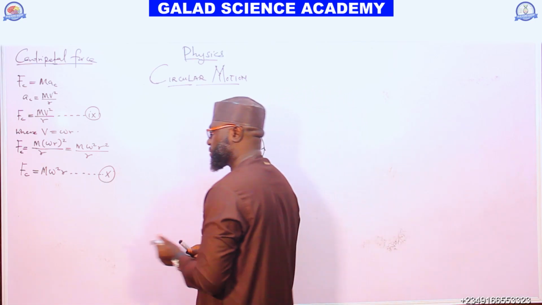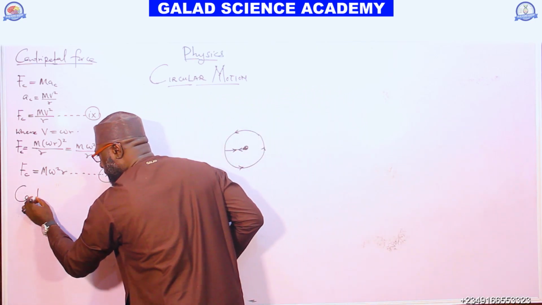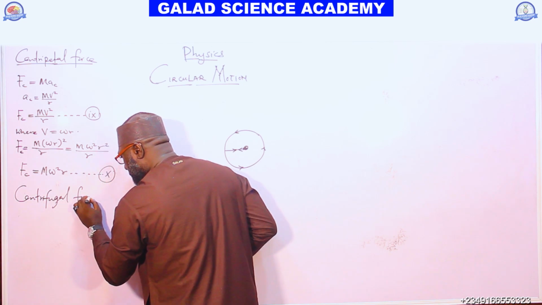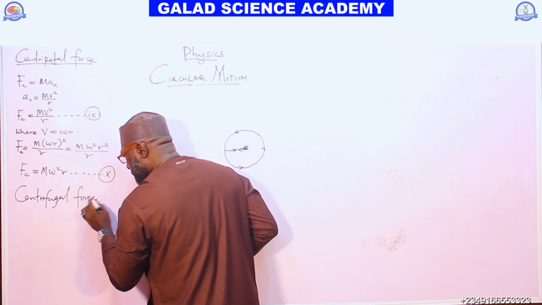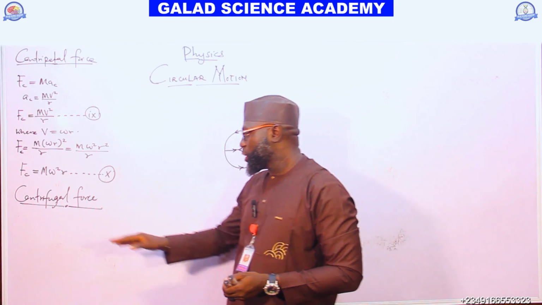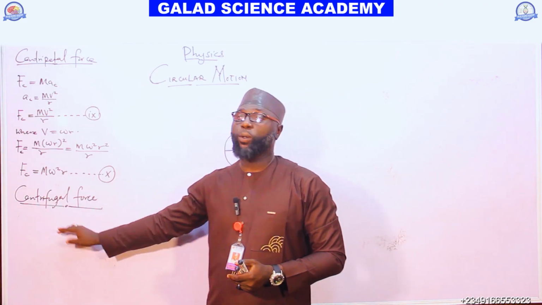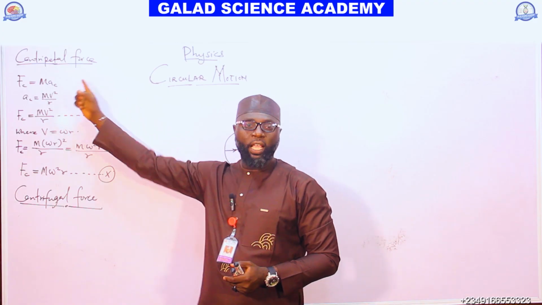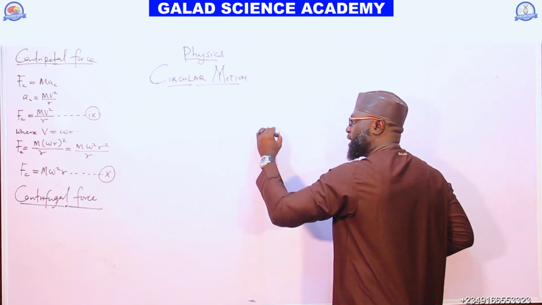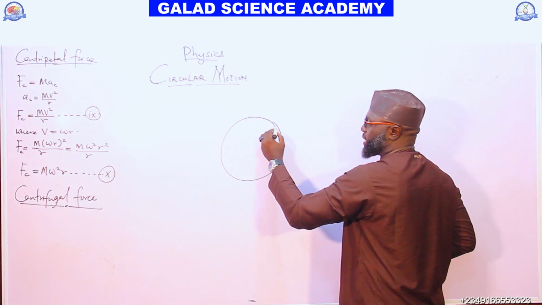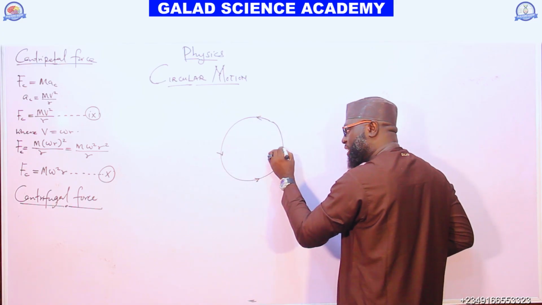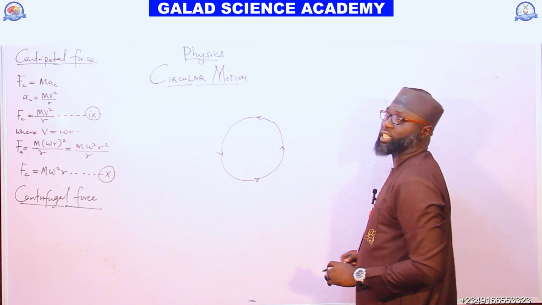The next thing we need now is centrifugal force. The word centrifugal is the opposite of centripetal force. Like I said before, if a body is moving along the circular path like this, the force that keeps the body to move along this circle is called centripetal force.